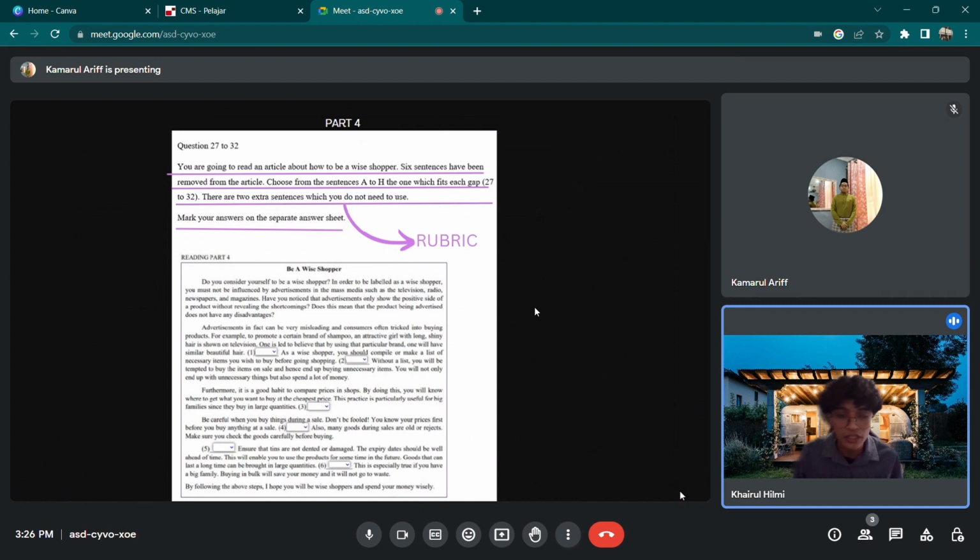For this part, we have 4 understanding and 2 applying questions. For the first one, one is led to believe that by using that particular brand, one will have similar beautiful hair as the shopper. There are not many hints there, so you need to use all your understanding and then apply your best answer for this question. Okay, next.